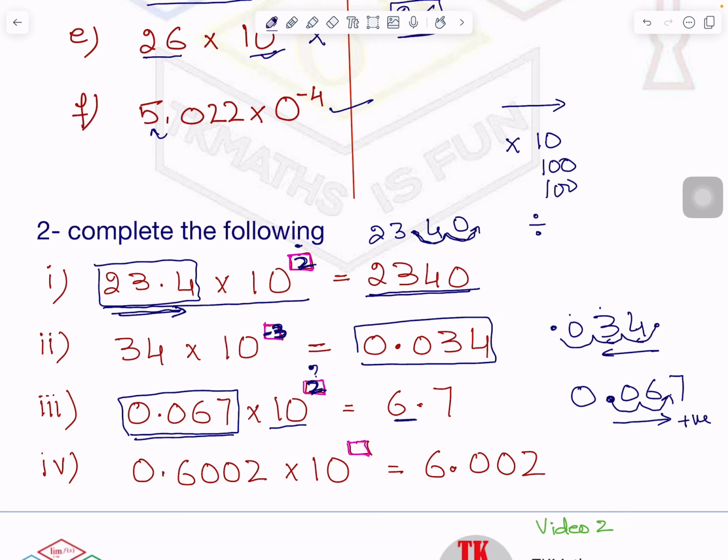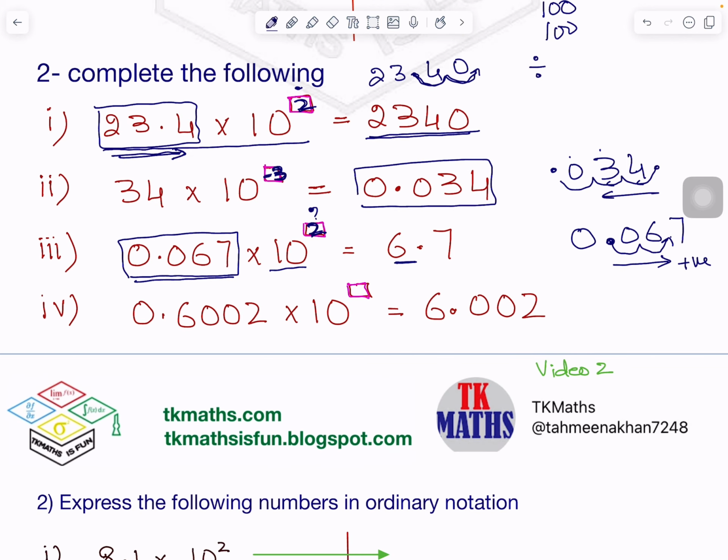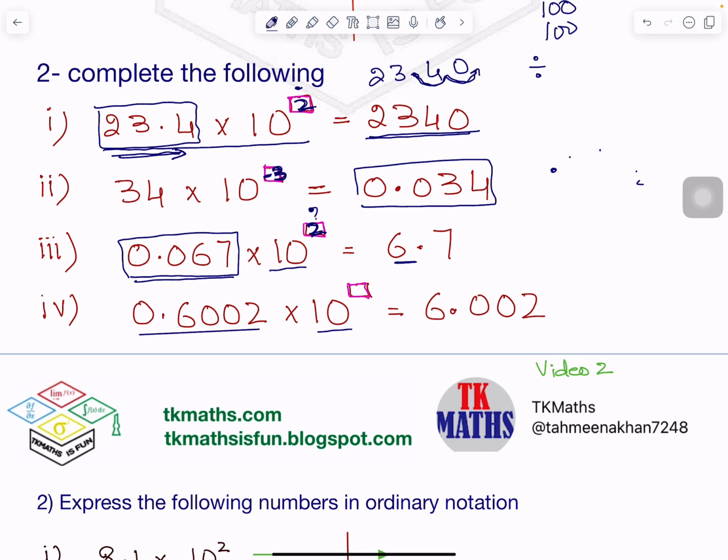Let's see the last case. Let me erase this so that I have space to write. Now what happened? The number was 0.6002. After multiplying by 10 power something, it became 6.002. So how is it possible?